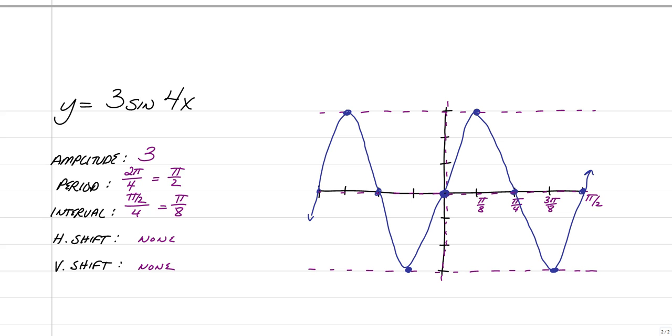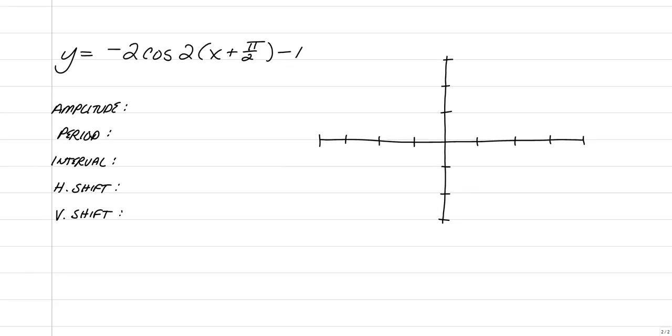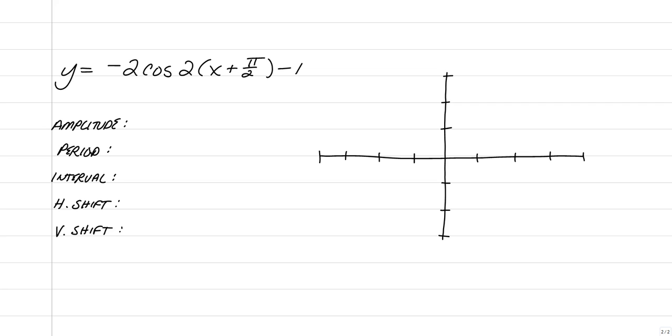Last example is going to have 4 different shifts. Now, before we do this example, I want to show you something that might happen. Another way to write this equation is -2 cosine of (2x + pi) - 1. I want you to always remember that it's much easier to graph this if your b value is out in front of the parentheses.